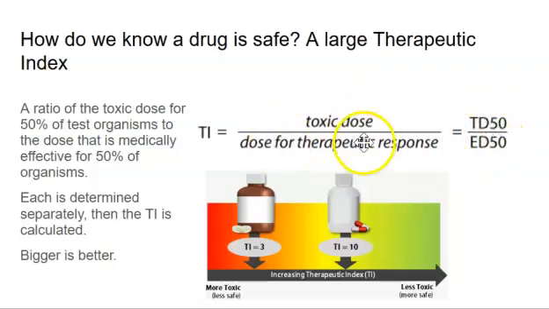When you divide those two things together, you get something called a therapeutic index. The larger the therapeutic index is, the less toxic or the safer your drug is. So bigger is better. We want drugs where the therapeutic index is as big as possible.